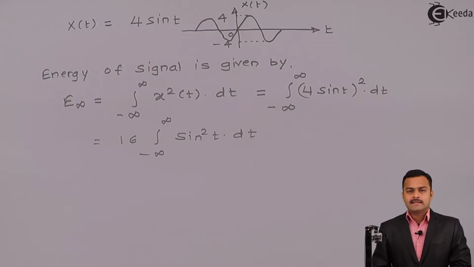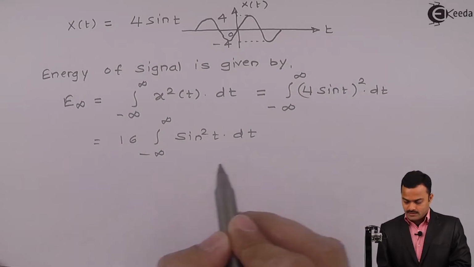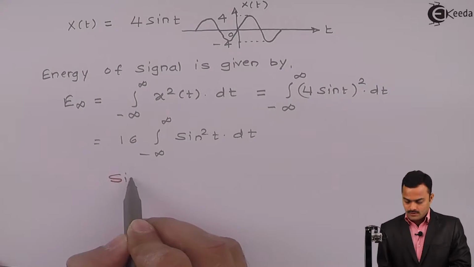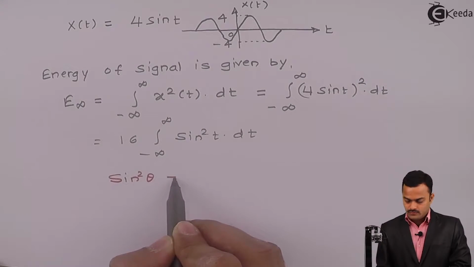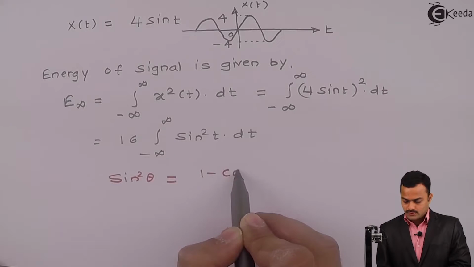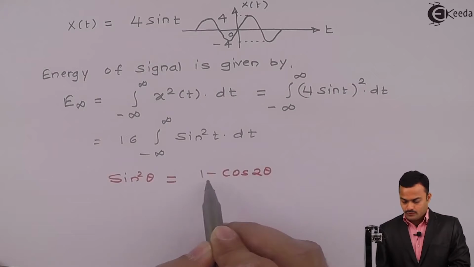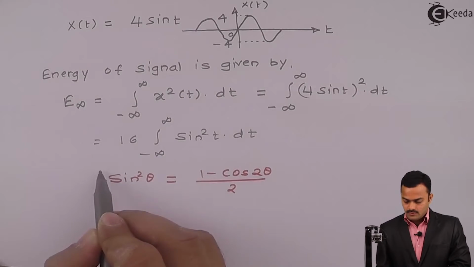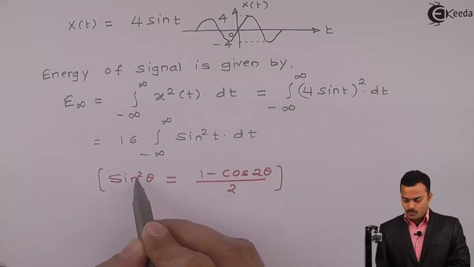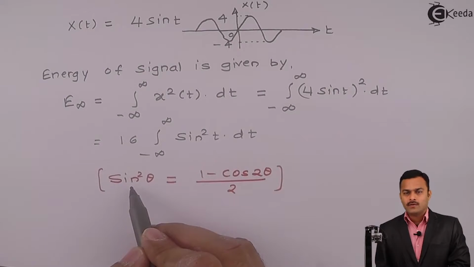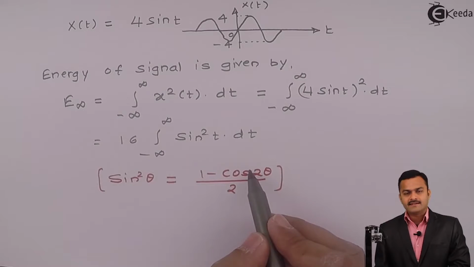I cannot directly solve for a sin square. I need to convert that into a first degree trigonometric function. Meaning, if I use the formula sin square theta equals 1 minus cos 2 theta upon 2, then the second degree trigonometric function is converted into first degree.